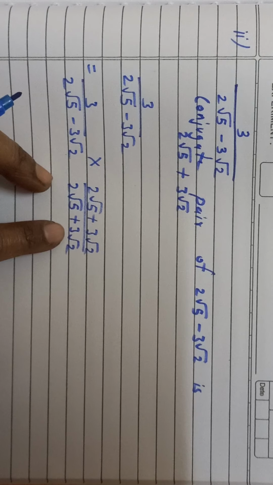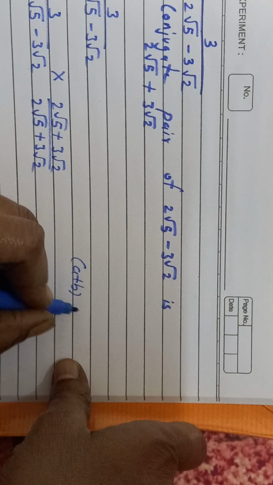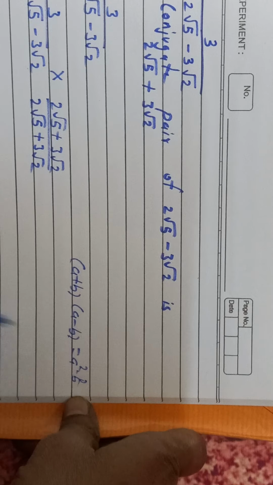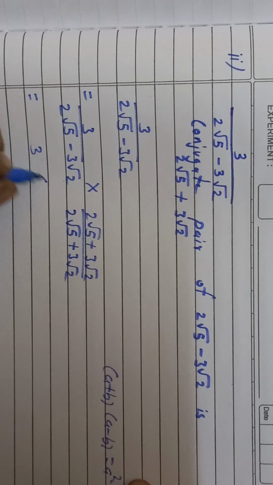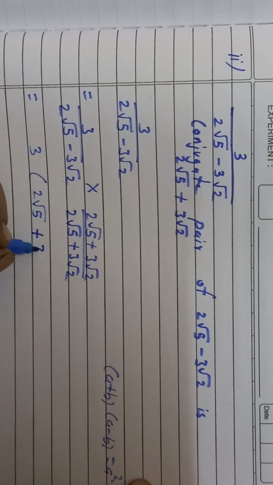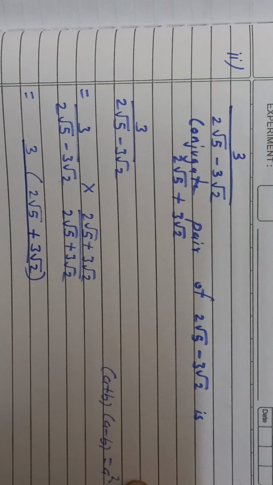Now the formula is again the same one which I explained earlier: a plus b into a minus b is a square minus b square. So I am going to use the formula: 3 into bracket 2 root 5 plus 3 root 2 upon what?